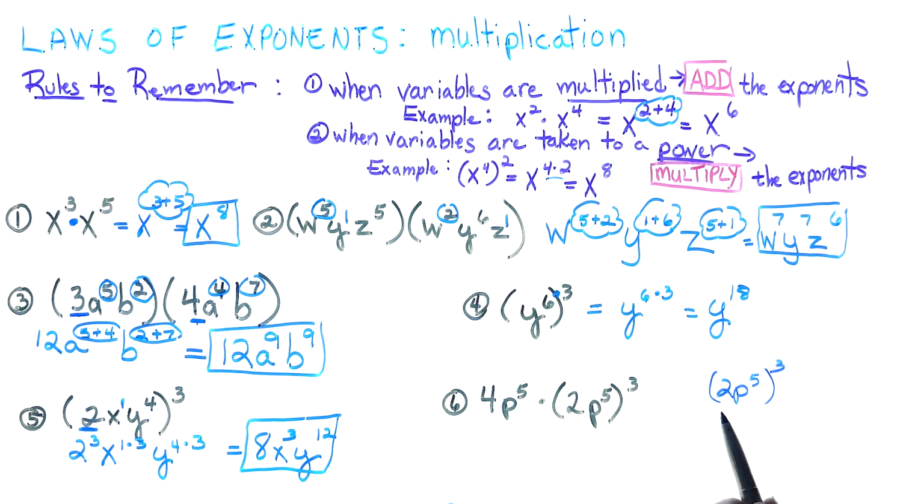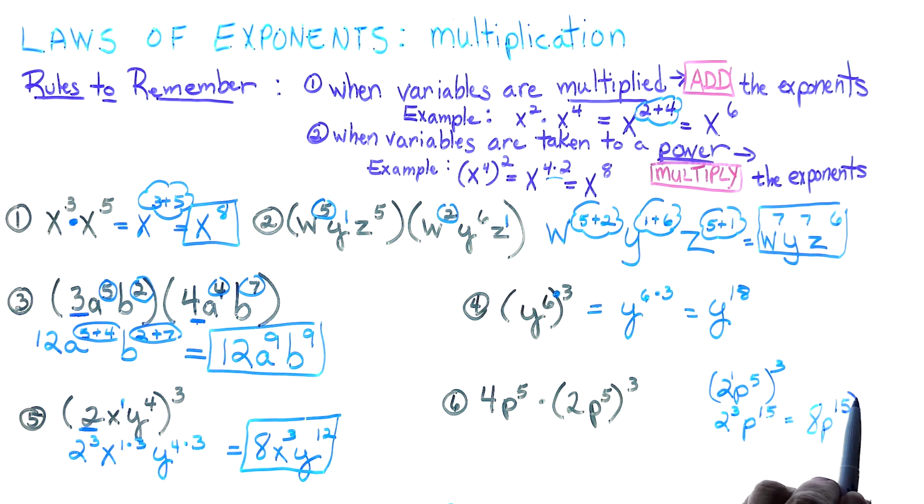And I know I'm going to say 2 to the third power, because the 1 is an exponent, so I have 2 to the third, and this is p. Remember, it's 5 times 3, 15. So now, in simplest terms, I know that is 8p to the 15th.